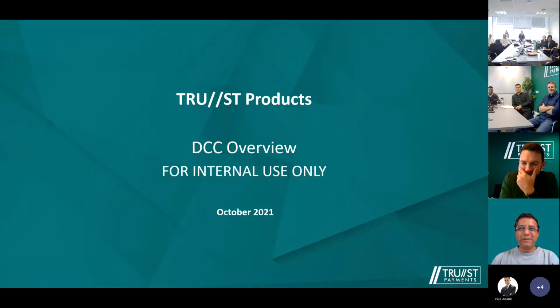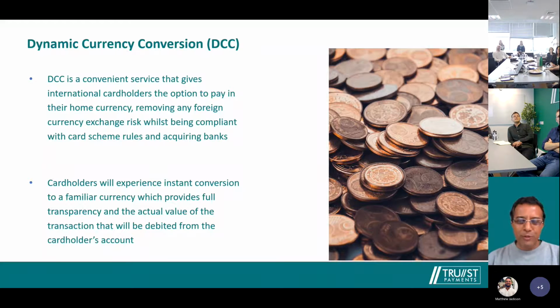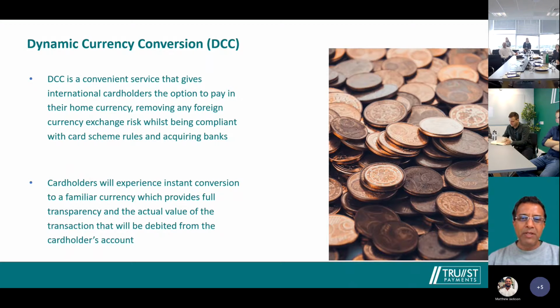Okay. So let me go through it, right? Very quickly about what it is. It's basically a mechanism to allow customers, at the point they're spending, to see how much they're spending in their home currency. This could happen if they're buying something online or at the point of sale.